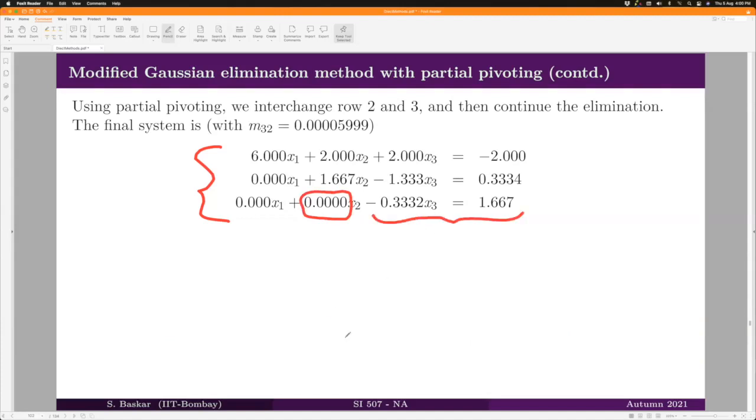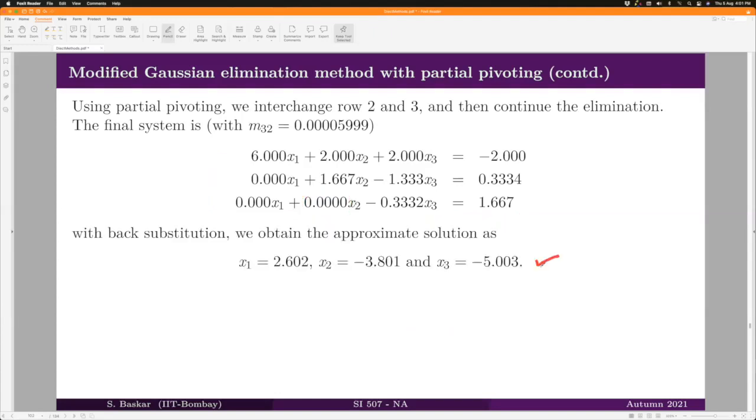And we have the third equation like this, where X3 can be directly calculated. So our forward elimination process is over with the partial pivoting technique. And now you can go for the backward substitution process, and that gives us the solution like this.